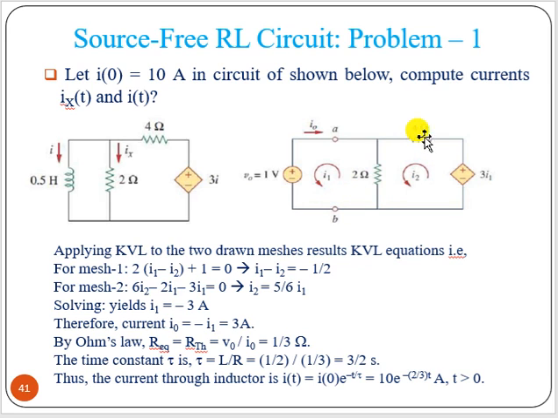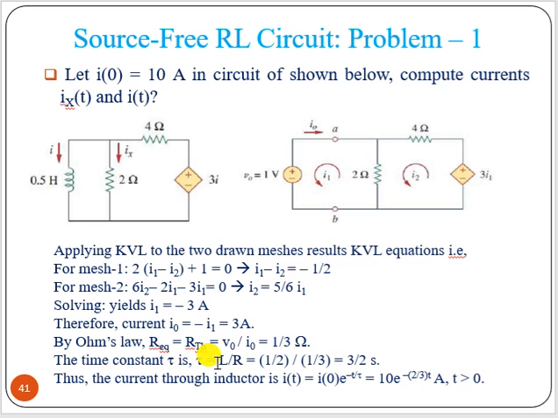So 4 and 2, it will be 6I2 minus 2I1. From here we get I2 in terms of I1. We can put it in the first equation, we get the I1 value. Now I1 is minus 3 ampere. So I0 is nothing but minus of that. So I0 is 3 ampere. So RTH is nothing but 1 by 3 ohm.